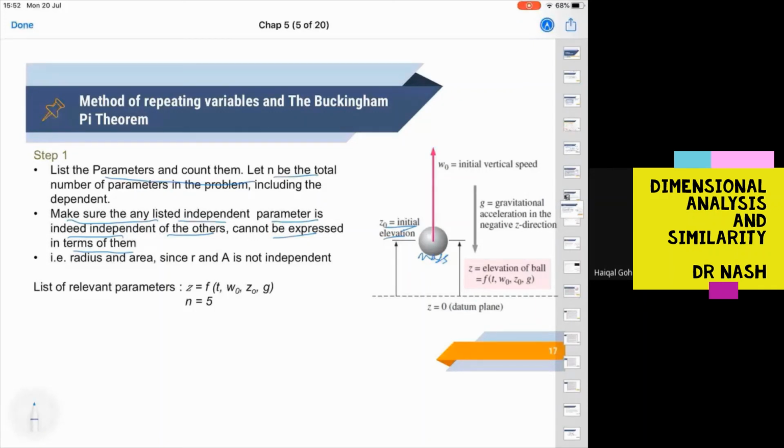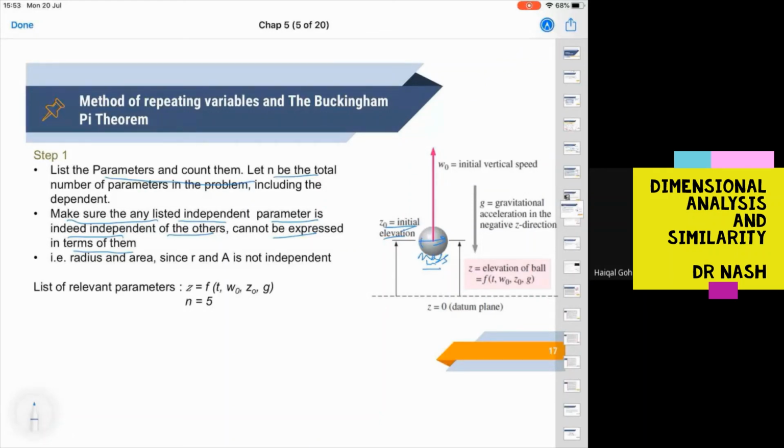Or diameter, and even the area. So area, radius of the ball, do they depend on something else? No, right? But the mass of the ball, even the gravitational acceleration when it goes down, actually depends on the radius of the ball. So we will not include them.